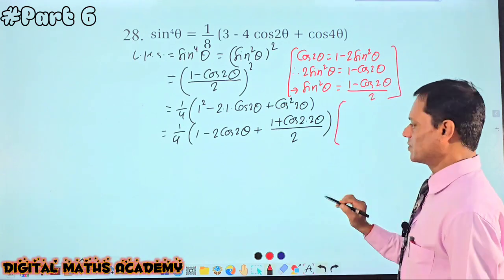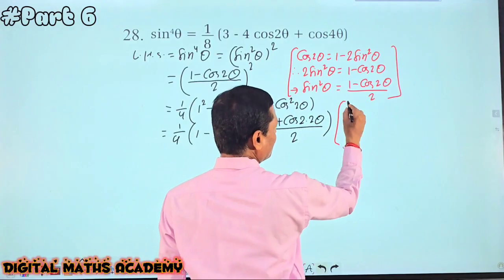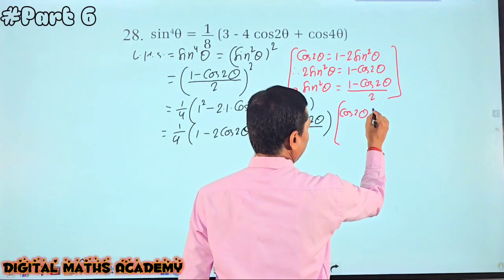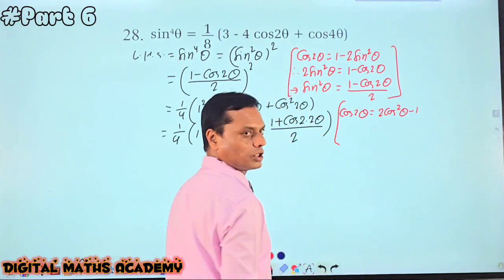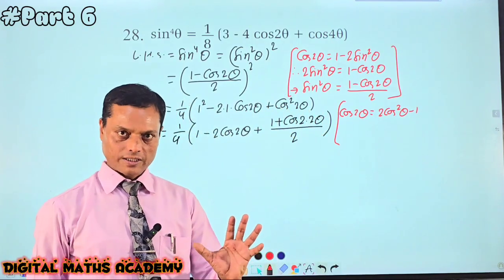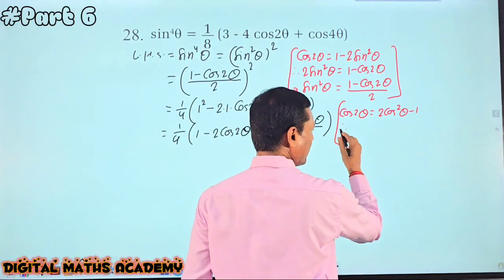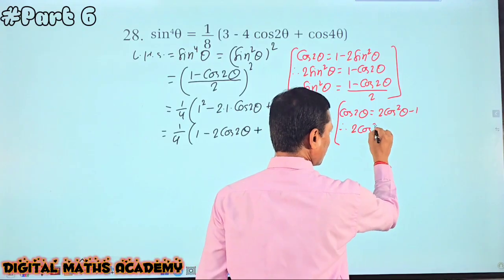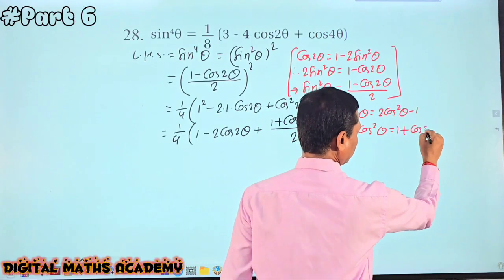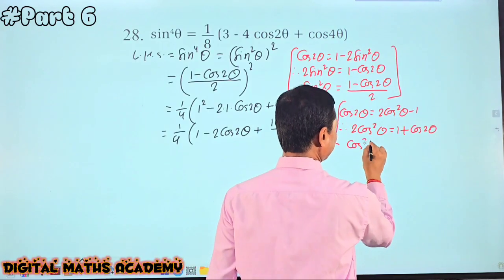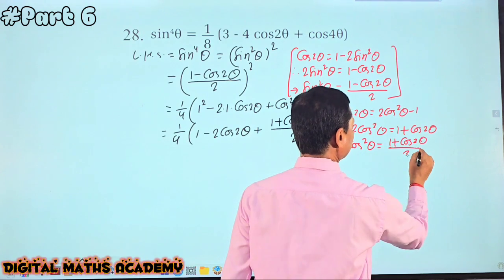Let me explain here, just look here. Cos 2 theta equals 2 cos square theta minus 1. We have 5 formulae of cos 2 theta. One of them is 2 cos square theta minus 1, and from here 2 cos square theta equals 1 plus cos 2 theta, and cos square theta equals 1 plus cos 2 theta over 2, isn't it?